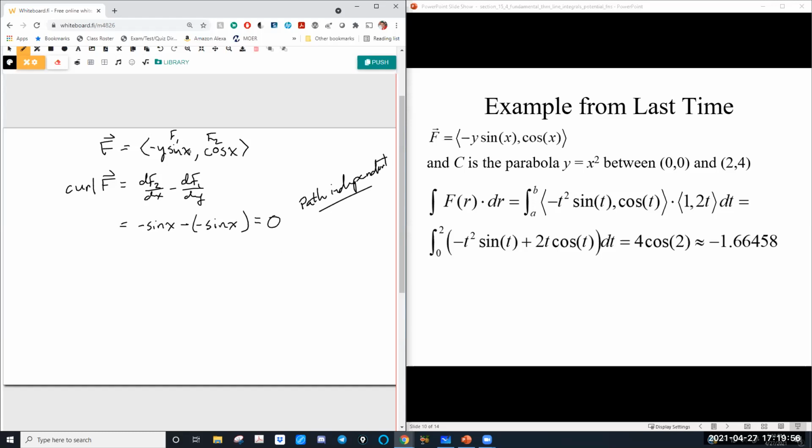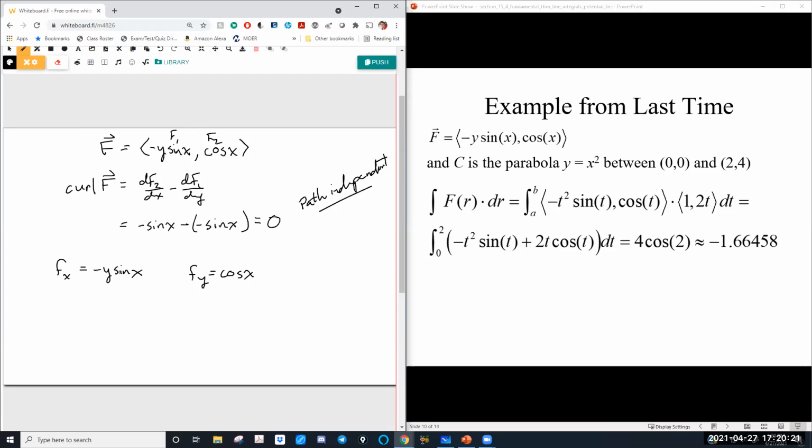That's good news, because that means there's a potential function. So let's talk about finding a potential function. F sub x is negative y sine x. F sub y is cosine x. So taking the antiderivative of this with respect to x, remember y is a constant.